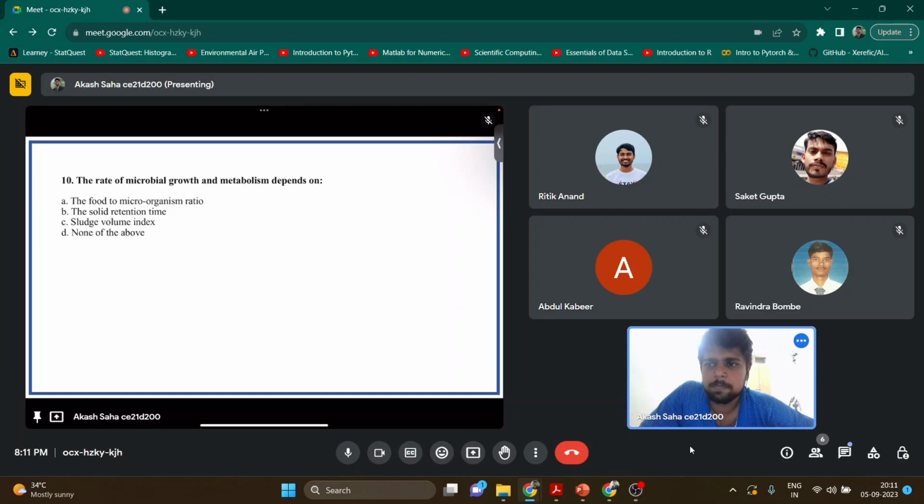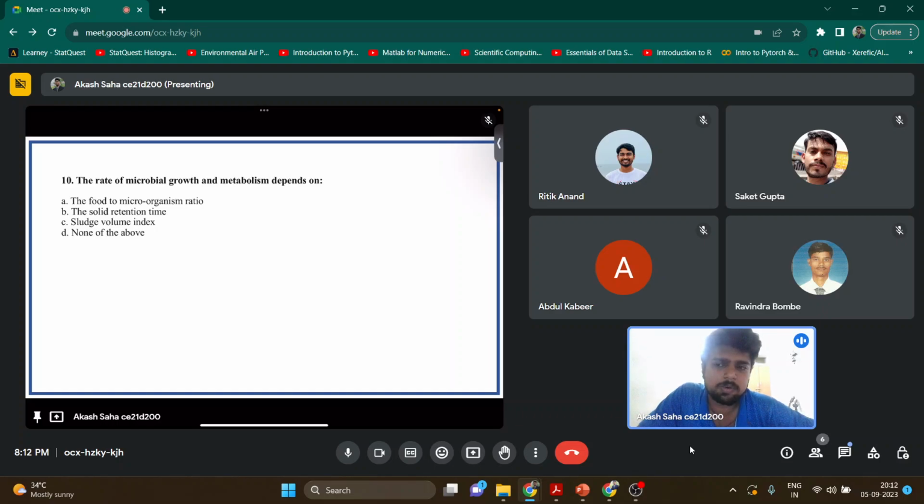Okay, next question. The rate of microbial growth and metabolism depends on F by M ratio, solids retention time, sludge volume index, or none of the above. What is the right answer? It is pretty simple. This is the last MCQ I'm having, so please try to answer this.